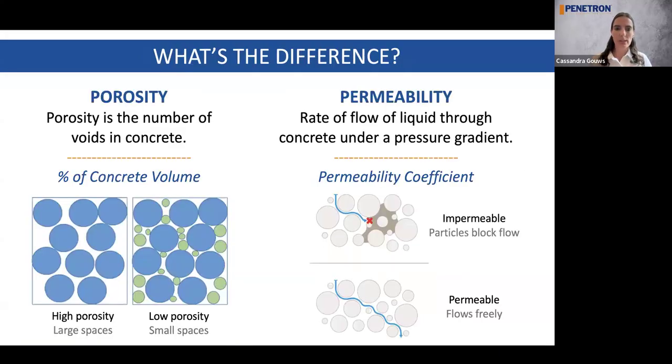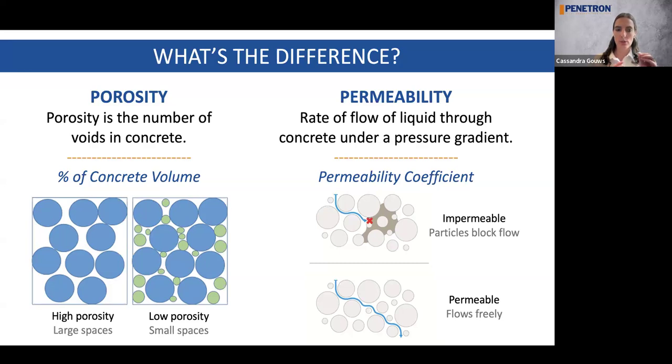Now, I'm going to be using the terms porosity and permeability quite a bit during the presentation, so I just wanted to make sure that everyone is aware of the difference between the two. So porosity is the number of voids inside of your concrete measured as a percentage of concrete volume. So if you look at the bottom left images, you've got a box and you've got your blue balls in there, right? And you've got a lot of air voids.